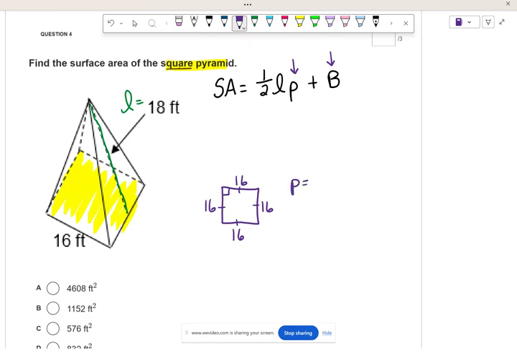To find the perimeter, you just add all the sides. 16 plus 16 plus 16, four of them all together, would be 64. Big B, the area of that square, is length times width. 16 times 16 is 256.